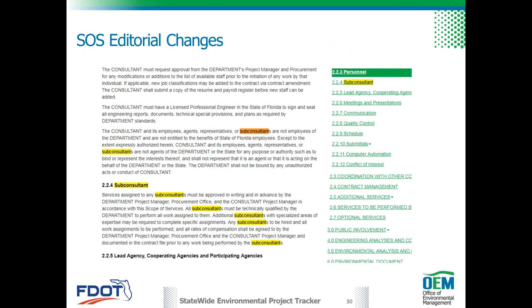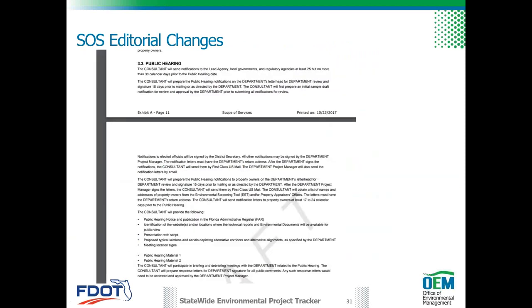Sub-consultants was hyphenated, and the casing was all caps, so now it's consistent: lowercase, not hyphenated. I think that was important in that document. Also in the PDF of the scope of services tool, there was some inconsistent formatting with the font sizes that has been cleaned up.